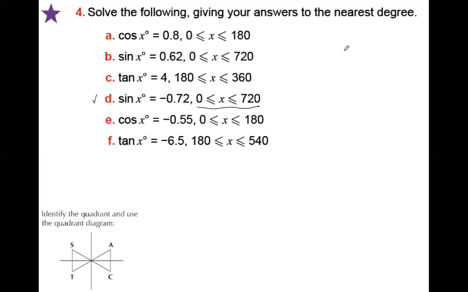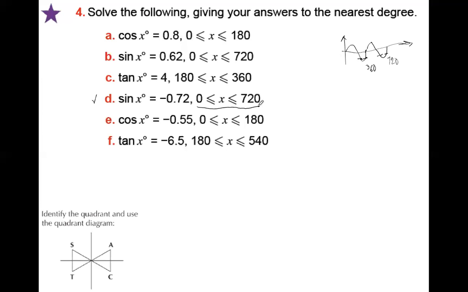It's a bit like we had sine x from 0 to 360, and then we've got another from 360 to 720. So if you were to draw this, negative 0.72, I've got 1, 2, 3, 4 answers. So if you only give 2 answers, you get half the mark. You need to give the other 2 as well.